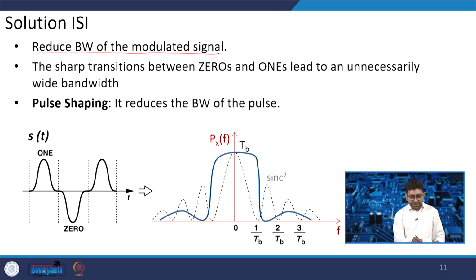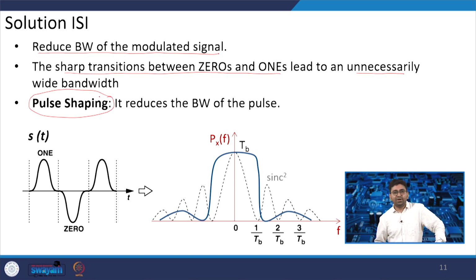Instead of a sharp transition between 0s and 1s, which leads to unnecessarily wide bandwidth, we should add pulse shaping. This is a very important phenomenon.